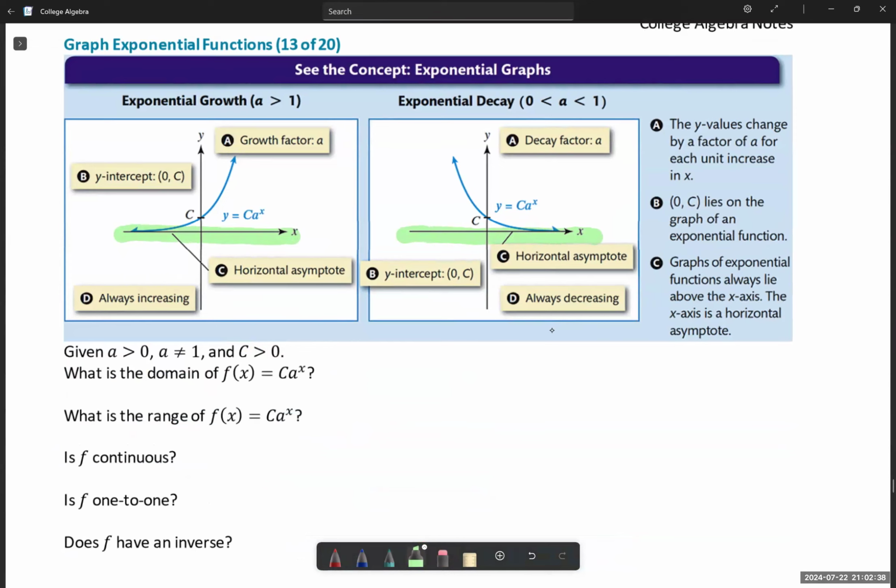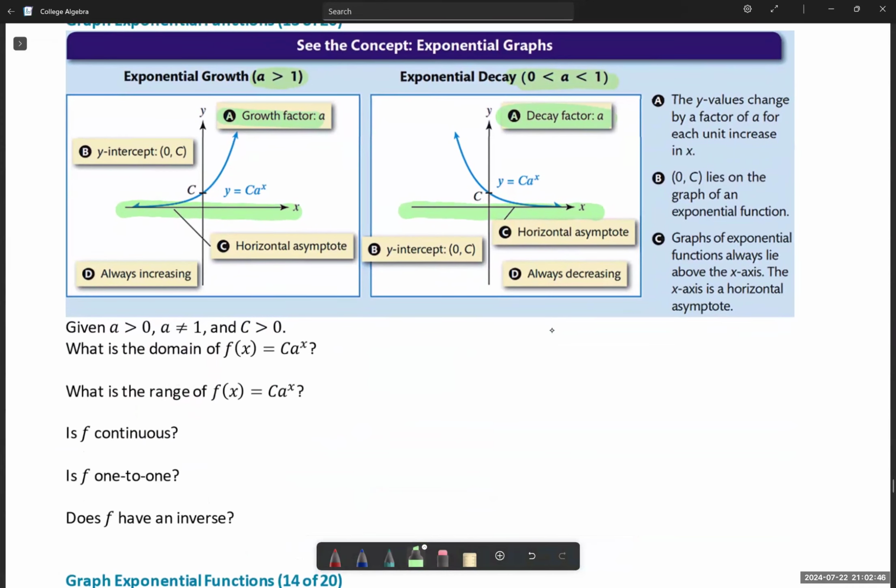So growth, when the a is greater than 1, that's called a growth factor. And then if it's between 0 and 1, that's called a decay factor. So when we talk about what the domain is, this thing has arrows to the left, to the right, and no restrictions. So our domain for an exponential is all real numbers.